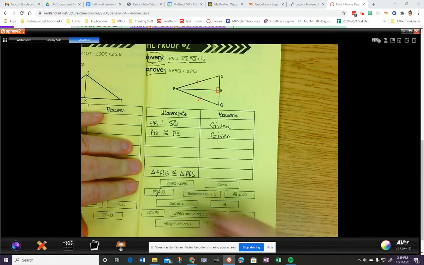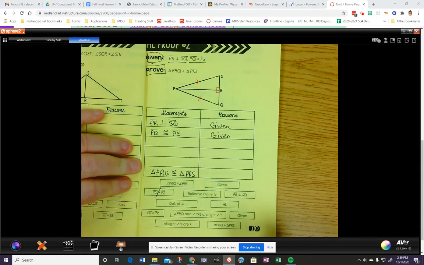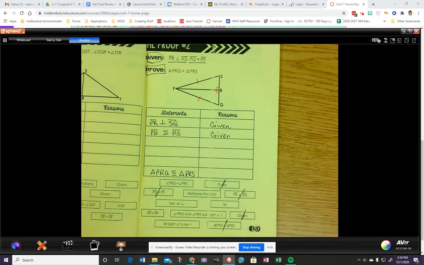PQ is congruent to PS, PR perpendicular to SQ are given, and triangle to triangle. Okay, so we've got 5 things marked off, and 5 things written down.